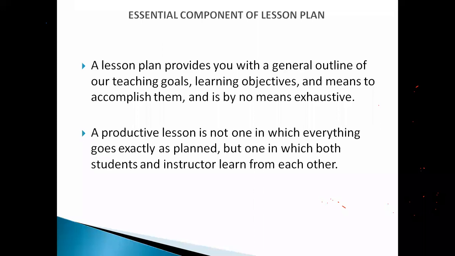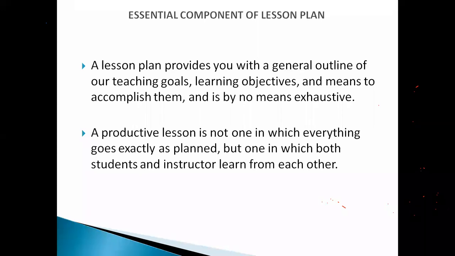A productive lesson plan is not one in which everything goes exactly as planned, but one in which both students and instructor learn from each other. As I mentioned earlier, whatever you planned doesn't mean that when you teach the students, it goes as per your plan.